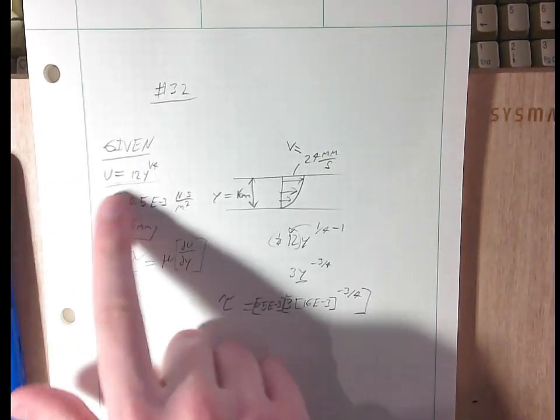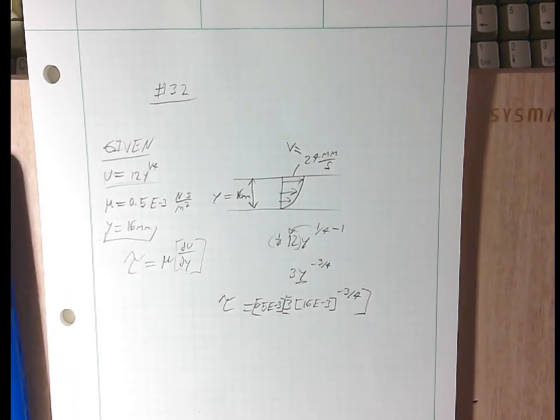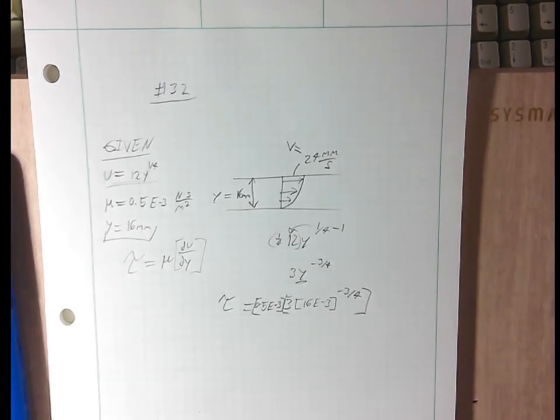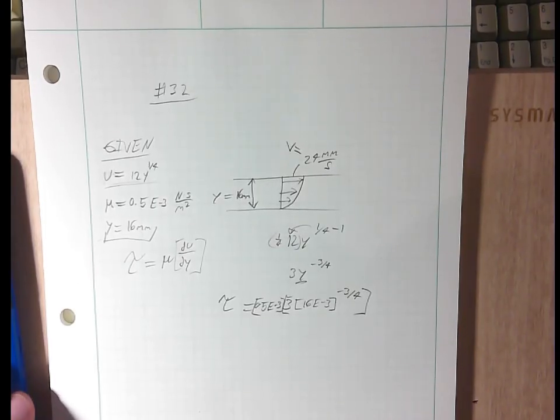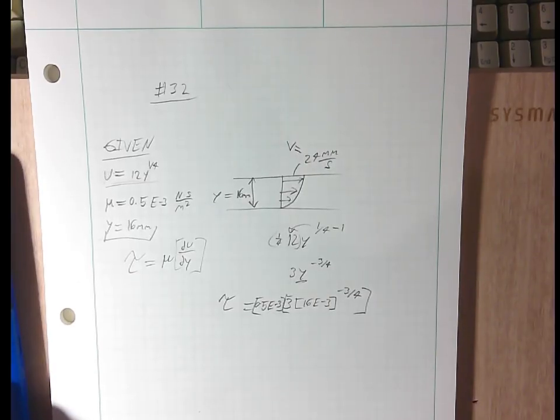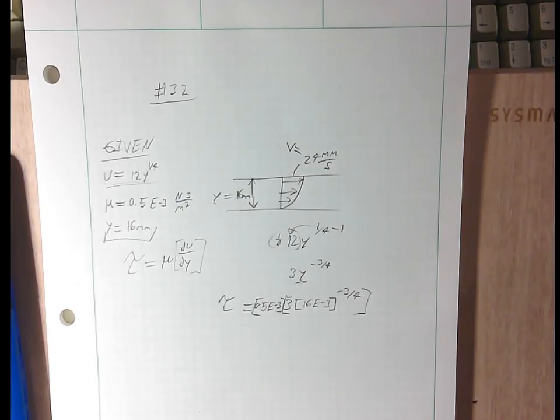So we did du. This should give us tau, straight up. I'm pretty far off though.